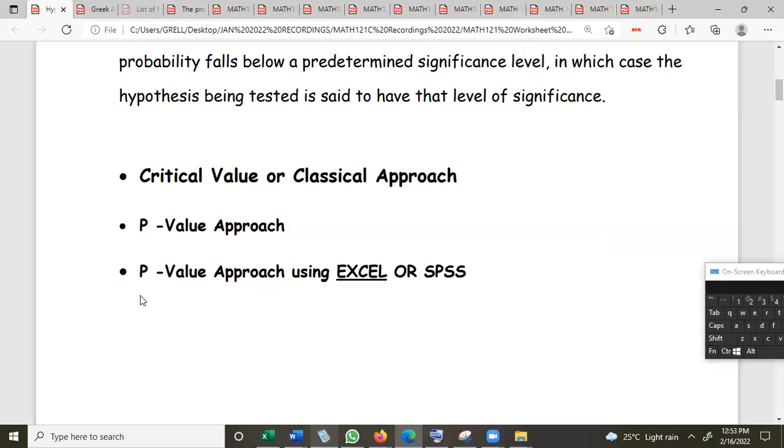And there's another approach called the p-value approach using Excel or SPSS. So that's how we'll be conducting hypothesis testing in this course: the critical or classical approach, the p-value approach, and then the p-value approach using Excel or SPSS. But it's Excel we'll be using. SPSS is another statistical program.